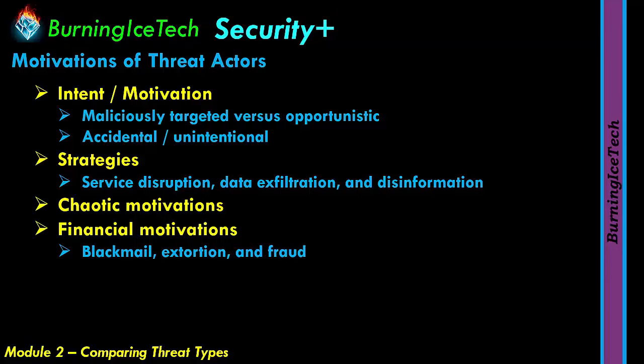So, yeah, if you don't know with regard to blackmail, blackmail is demanding payment to prevent the release of information. So normally they would get some sort of sensitive information about a company or a person, and they would use that information to blackmail a person or a company for, well, financial gain. Extortion, sometimes for the same reason. So extortion is demanding payment to prevent or halt some type of attack.